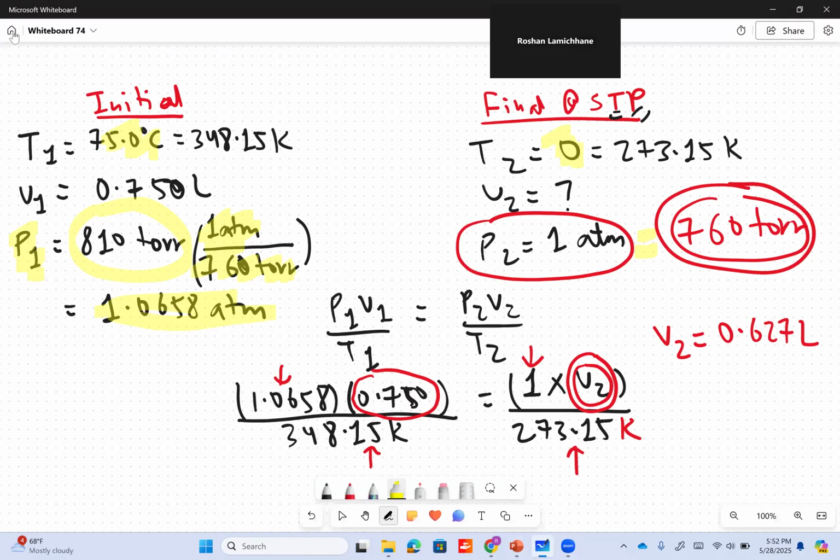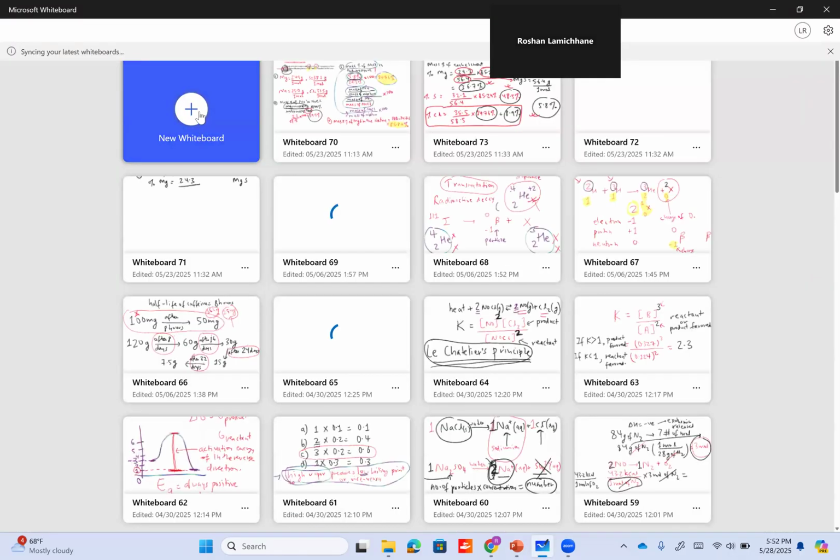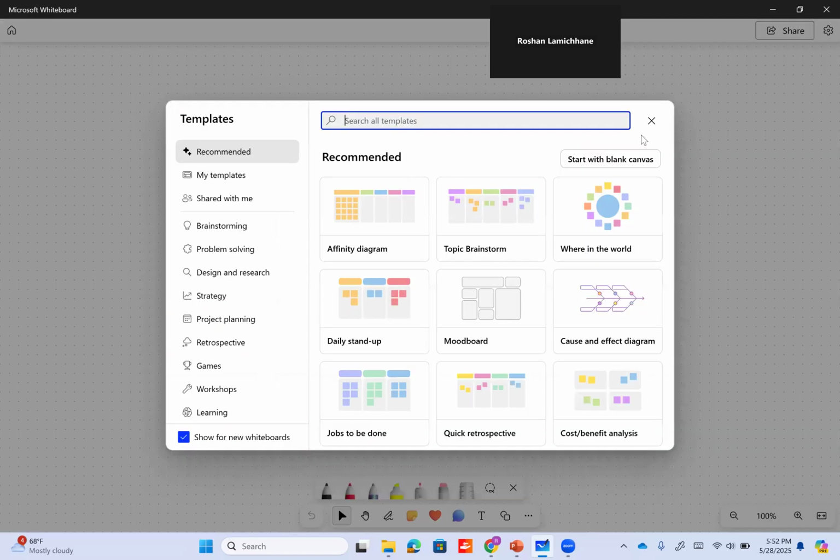All right, so for this problem, first I'll write down the equation just to show you what it's talking about. It's talking about calcium carbonate decomposing into calcium oxide and carbon dioxide gas.